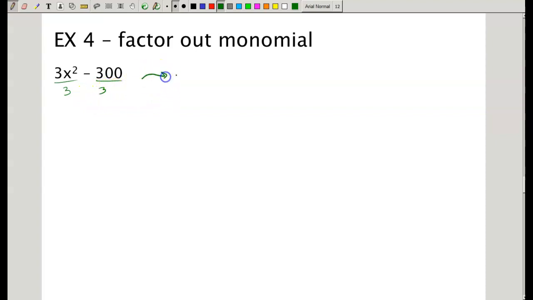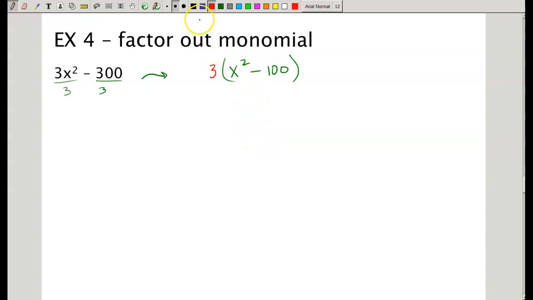So this is going to become 1x squared minus 100. But that 3 needs to stay in the problem because I'm going to now put this in parentheses, and the 3 is going to go outside. Okay? And once we pull this 3 out, now we can look at this problem and continue factoring.